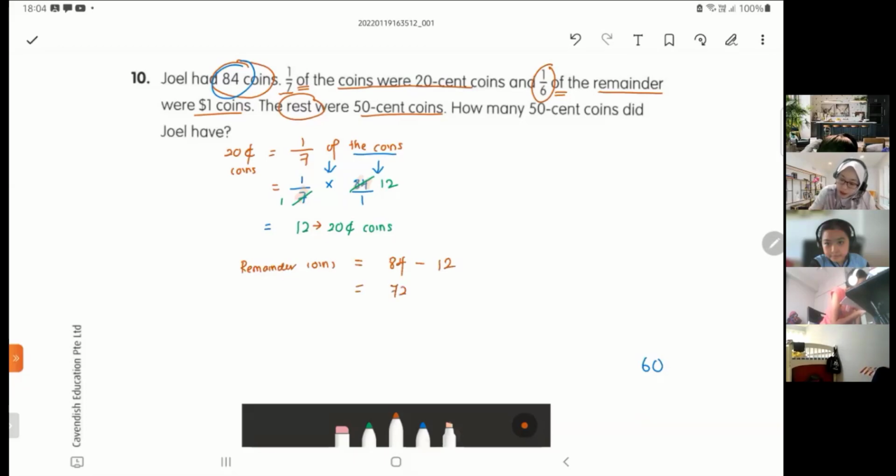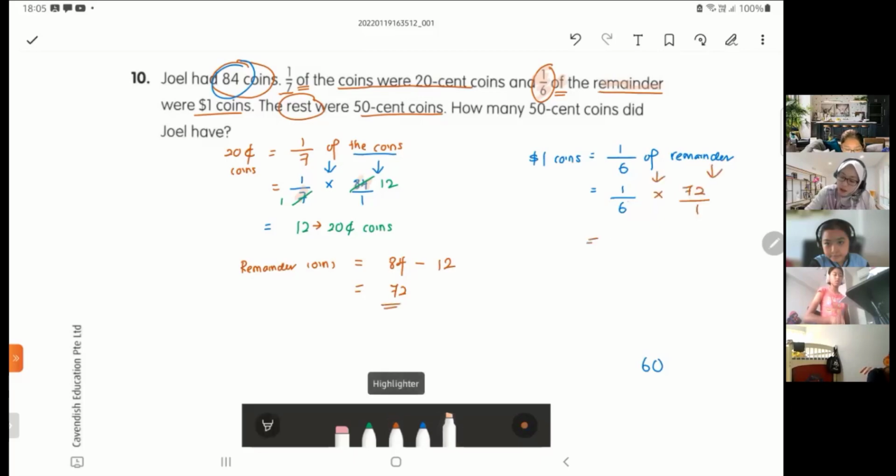What happened to the remainder? 1/6 of the remainder. So we rewrite that. Is my $1 coin. $1 coins is 1/6 of the remainder. That will be 1 over 6 of means times, and then I know my remainder is here, 72 out of 1.